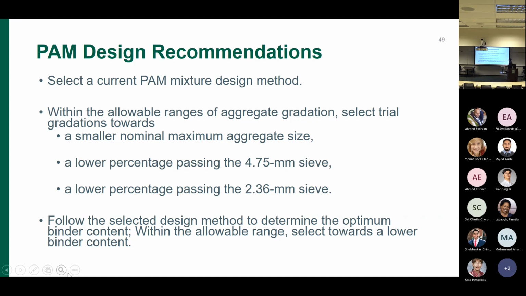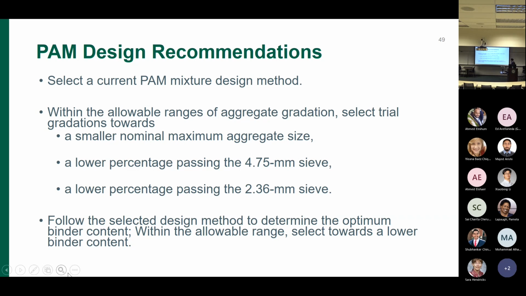Some general design recommendations: we want to select a smaller nominal maximum aggregate size, like 4.75 millimeters, and we want to use a lower percentage passing the number 4 sieve size, and a lower percentage passing the 2.36 millimeter, number 8 sieve size.